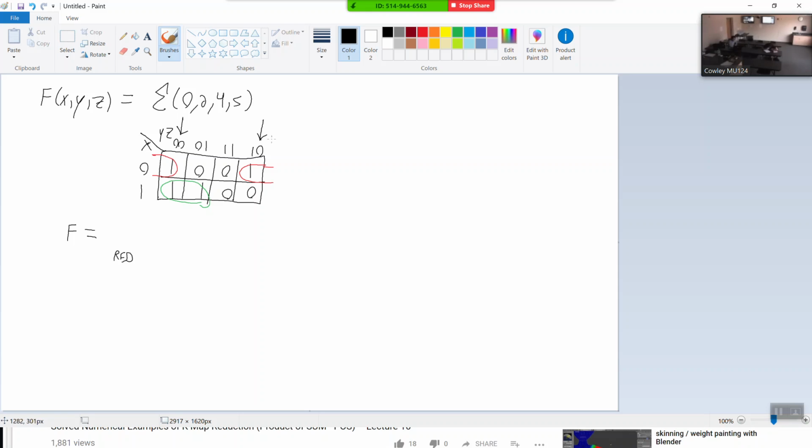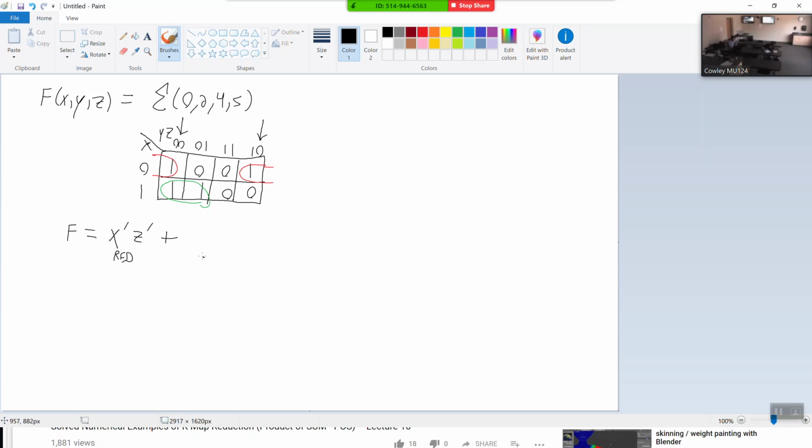How about the y here? 0? Or no, 1. Because remember, your y is the first number. Yeah. 0 and 1. So they're different, right? So the y's drop away. Now the z's in both of these are both what? 0. So x is 0 and z is 0. So what's this going to give us? X prime, z prime.